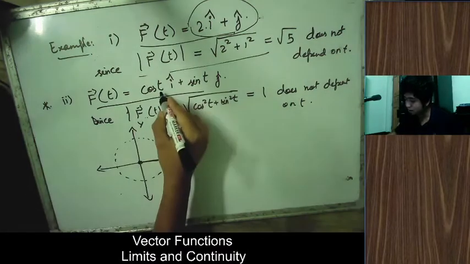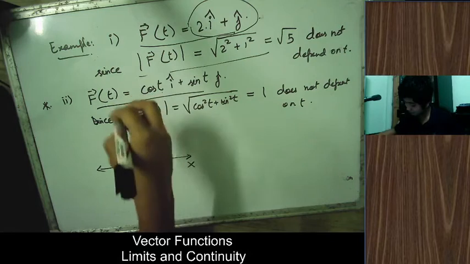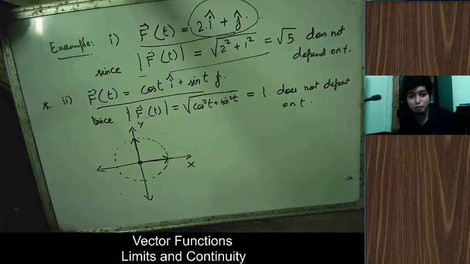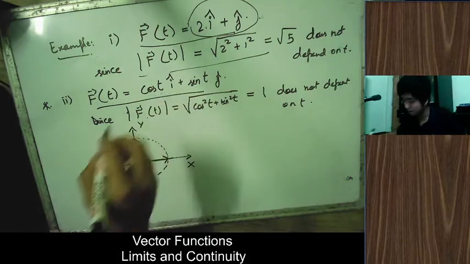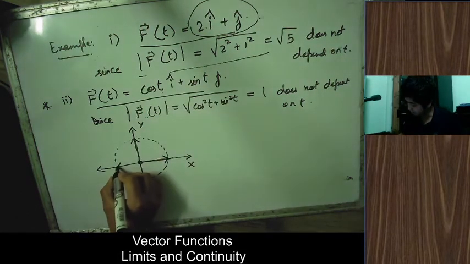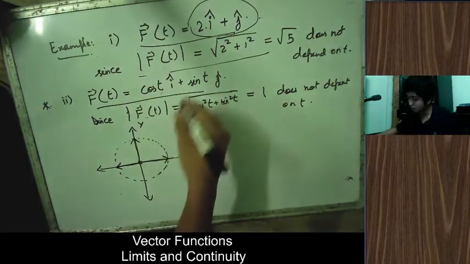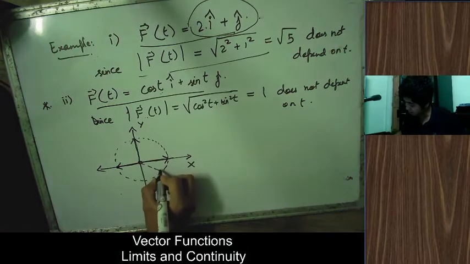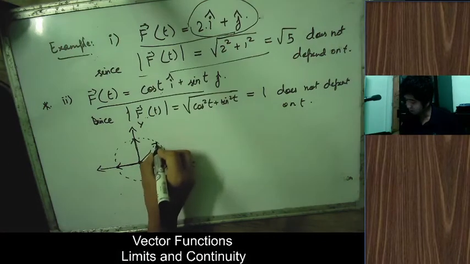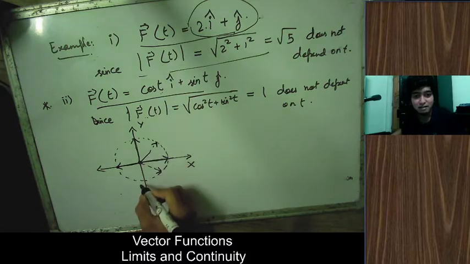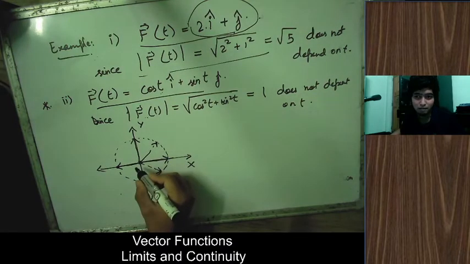If you put t equal pi by 2, then you will be having this vector. If you put t equal 180 degrees or pi, then we will be having this vector. Similarly, if you put t to be any angle, we will be getting these type of vectors. So as you can see over here, the lengths of these vectors are all equal.